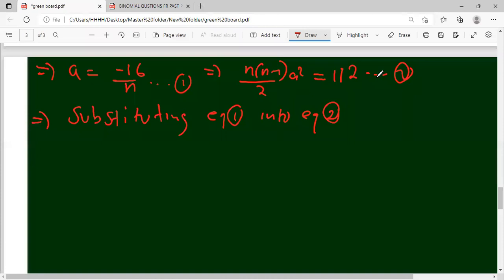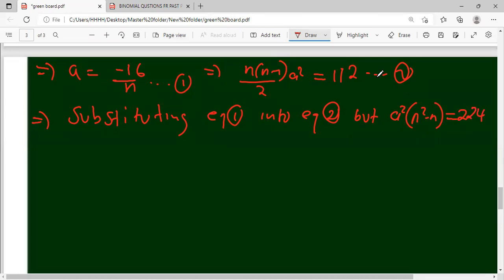But maybe even before we proceed, we can deal with equation 2 and say this is the same as a squared, open bracket, n squared minus n if at all we were to distribute the n inside, and this will be 224. All right.